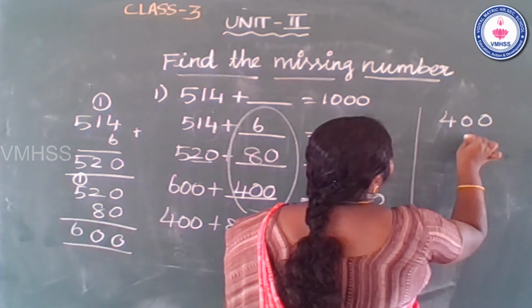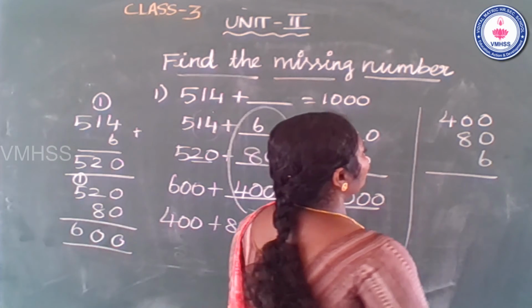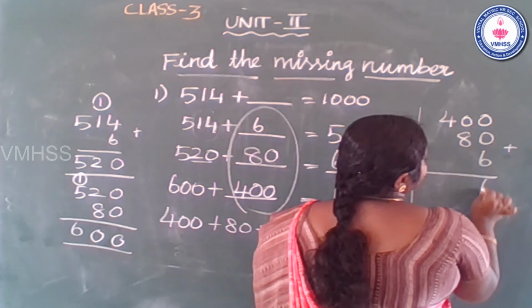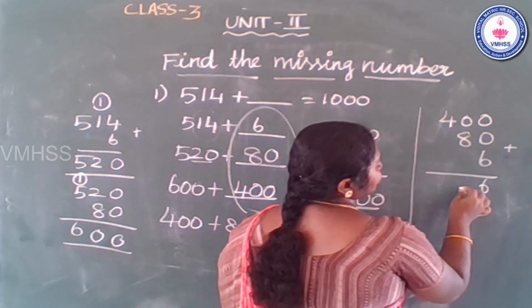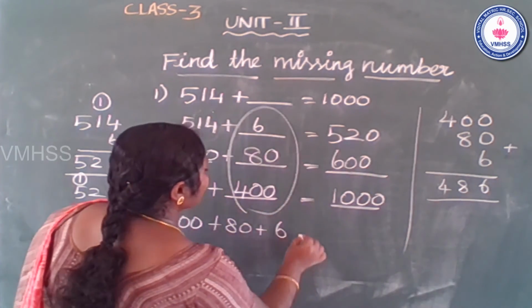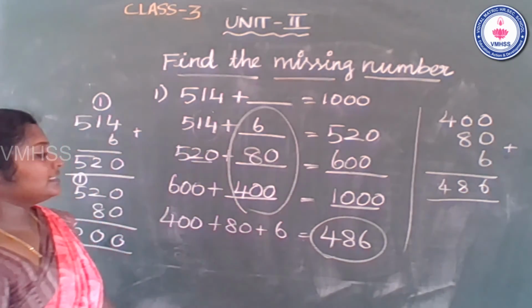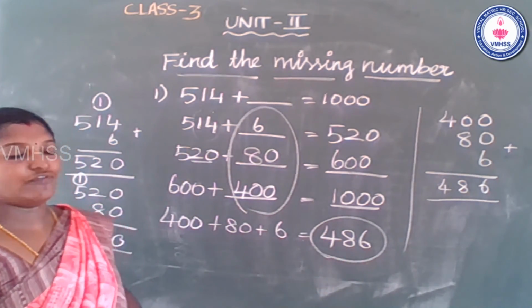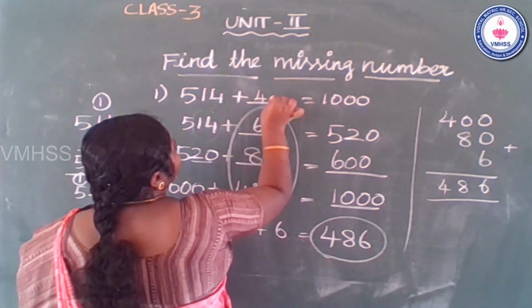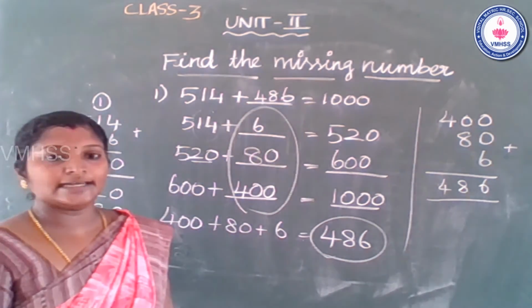So 480 plus 6. Okay, now we add it. 6 and 0 plus 8, 8 and 4. So we get the answer 486. Okay, so this is the answer. Okay, students, do you understand this sum?